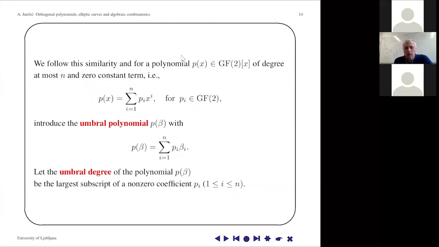But I needed to figure out how to do the inversion. So I defined, well, in polynomial basis, you define polynomial p of x as a linear combination of these powers x to the i. In umbral basis, you do the same thing, just instead of x to the i, you take beta sub i, and you have to also say what is the degree of such a polynomial, and this was the largest subscript with non-zero coefficient.